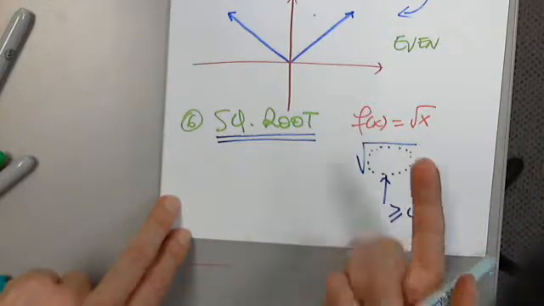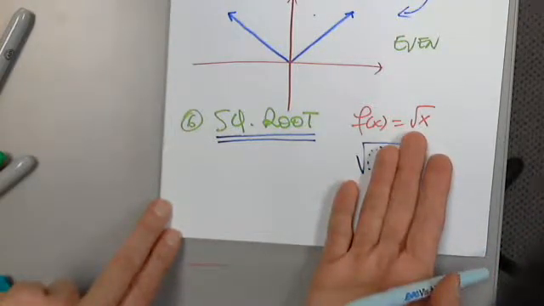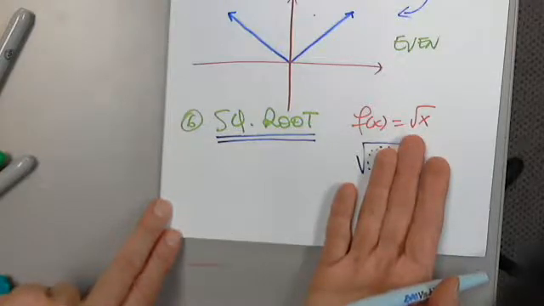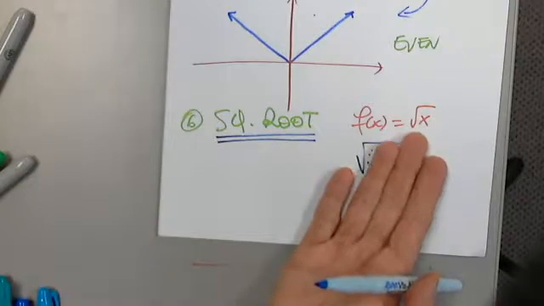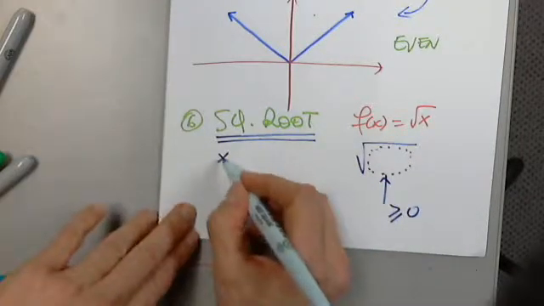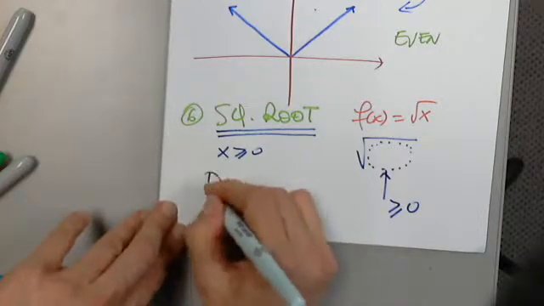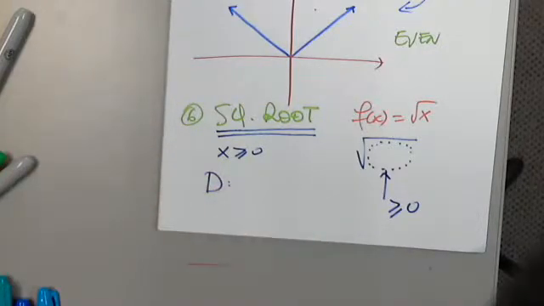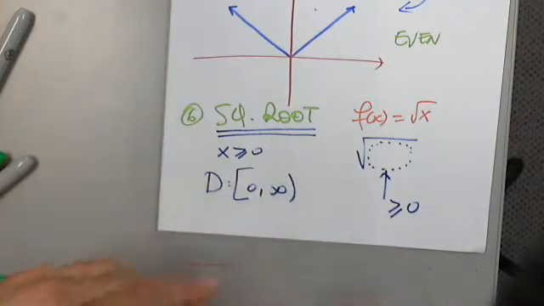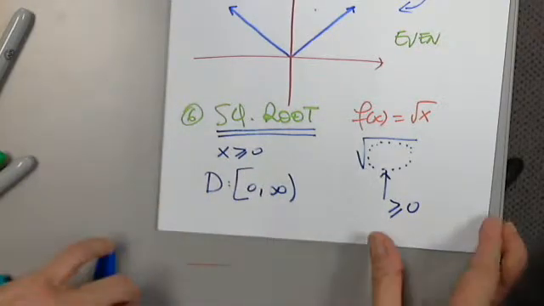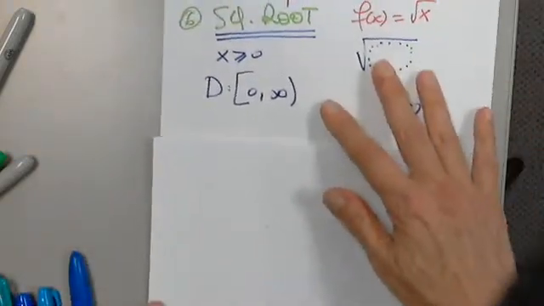Therefore, what is the quantity under the square root now? Can anyone read? What is the quantity under the square root? X. So therefore, x must be greater than or equal to 0. What is the domain of this function? And then we will graph it. Perfect, with a bracket. 0, infinity. Is this okay? Yes? Perfect. Now let's graph it.